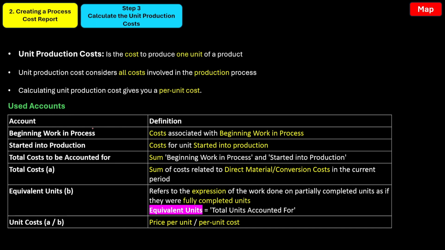So what I explained before, so equivalent units is equal to your total units accounted for. And then your new unit cost is just A divided by B. It's your price per unit, or this gives you your price per unit slash your per unit cost. And if it doesn't make sense, A is right here. So you do your total cost divided by your equivalent units.